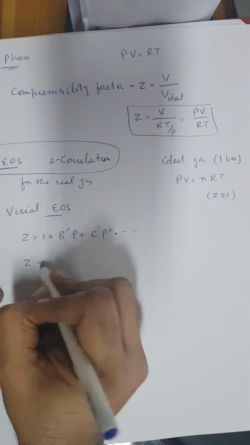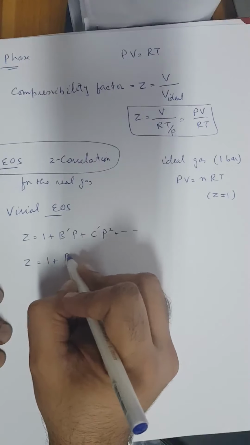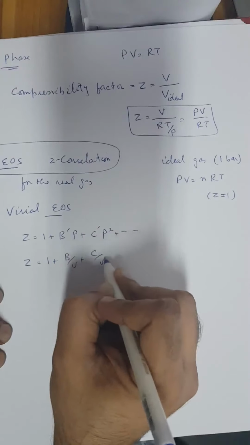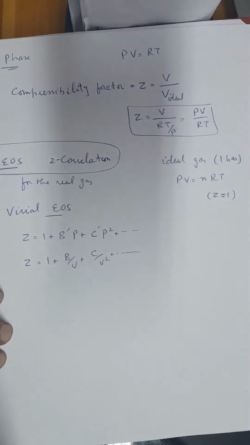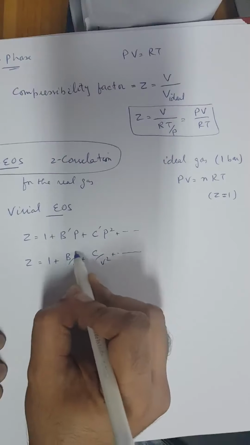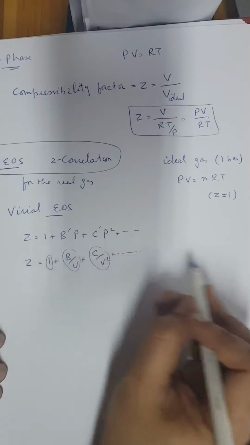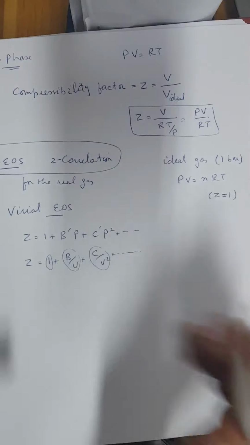Similarly it can also have one form in terms of volume, 1 plus B over V plus C over V squared, and so on. So this is the first term, the second term, the third term, and the fourth, and there is D and so on.